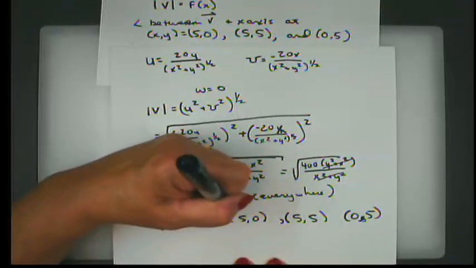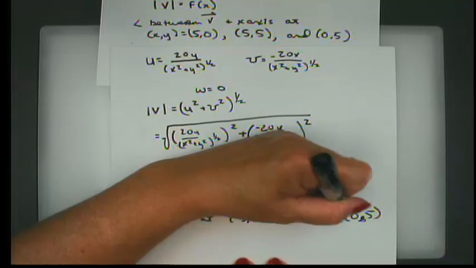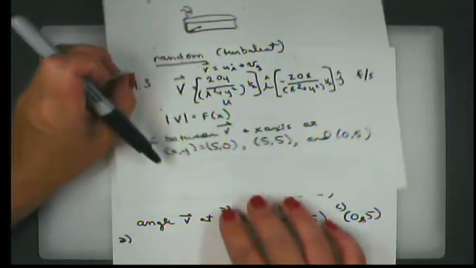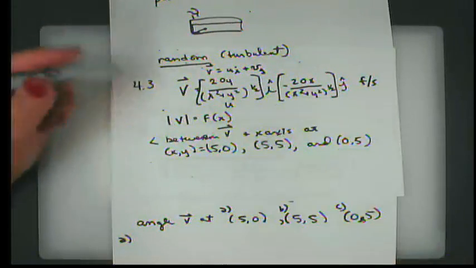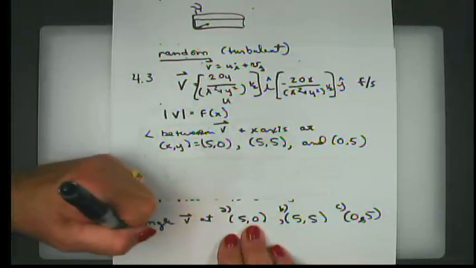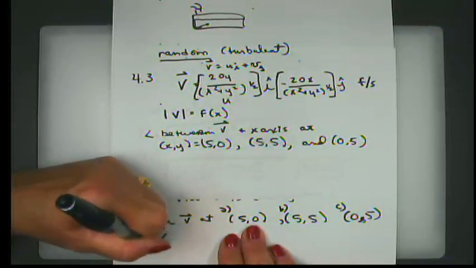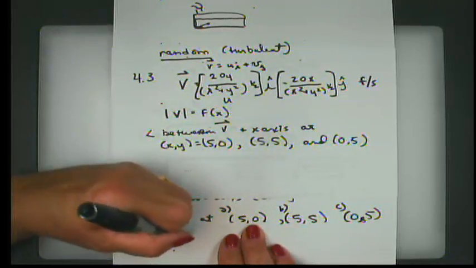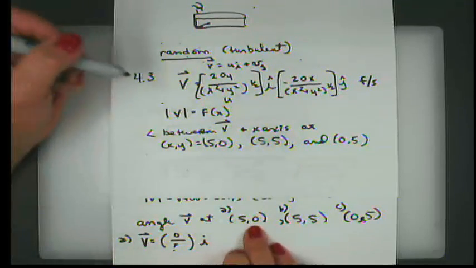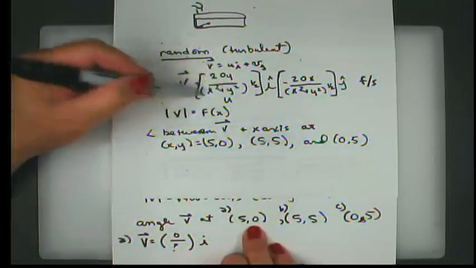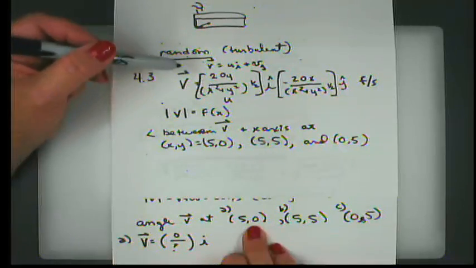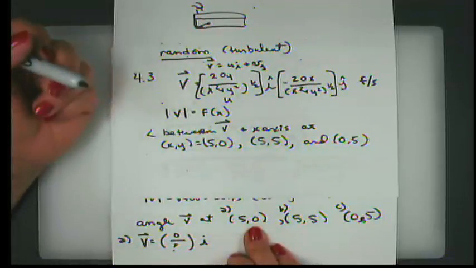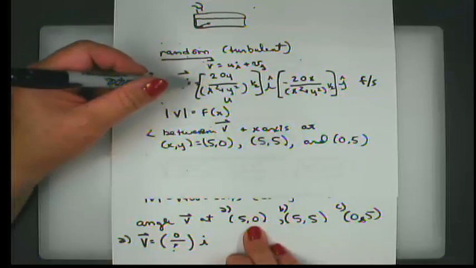Let's call these A, B, and C. So at A, let's compute our velocity vector based on our original equation. We get that the velocity is equal to 20 times 0, which is 0, over, who cares, right? As long as x squared plus y squared to the 1/2 is not equal to 0, I have a real number. So my velocity in the x direction, my u value at (5, 0), is equal to 0.